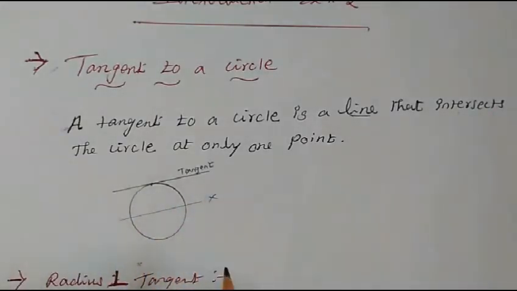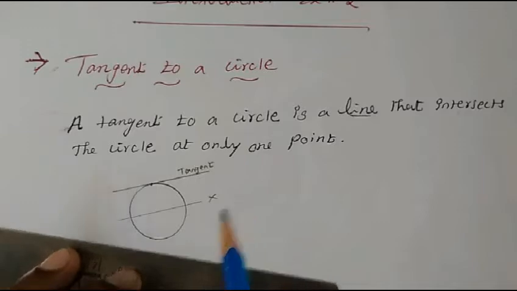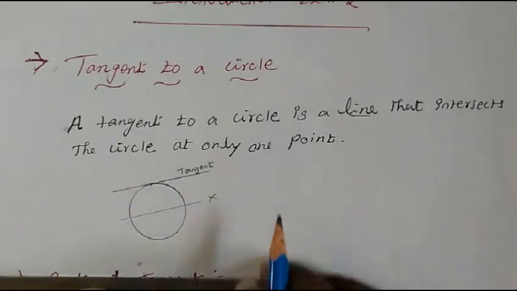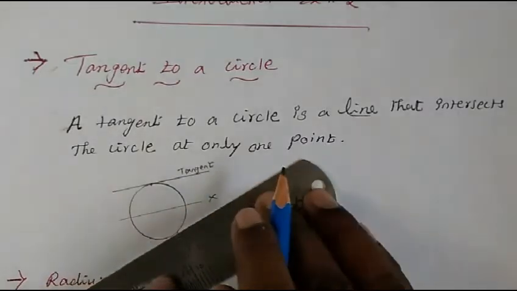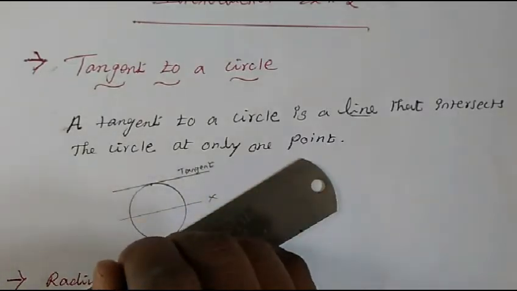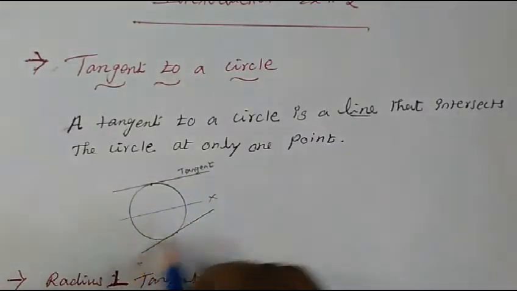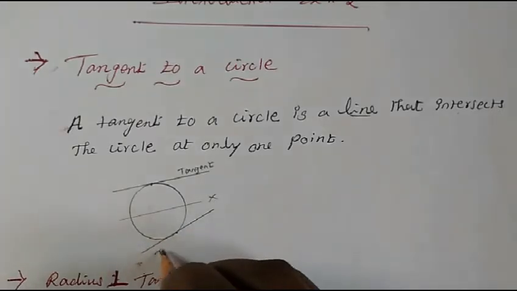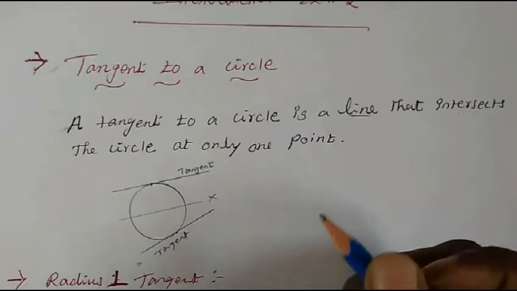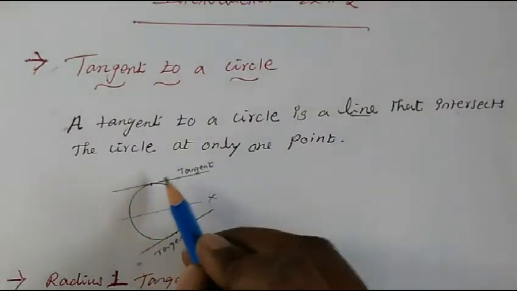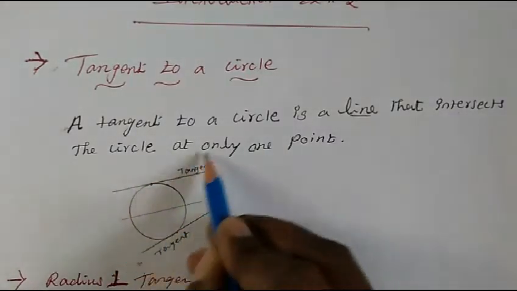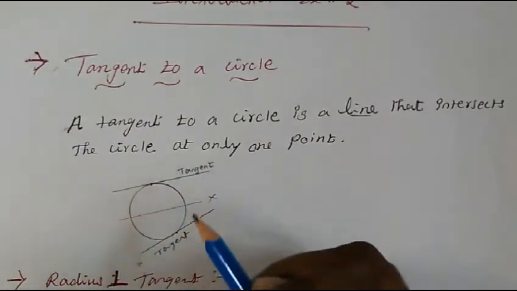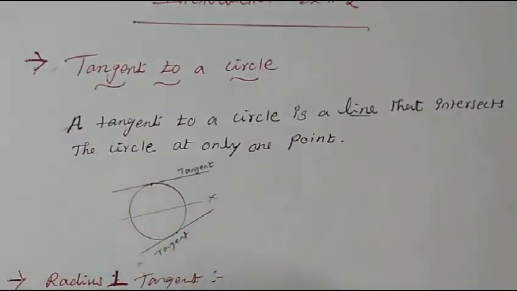Anywhere on this circle, wherever a line touches at one point, we call it a tangent. Another line can also pass through anywhere else. At only one point a line passes through, that we call a tangent.